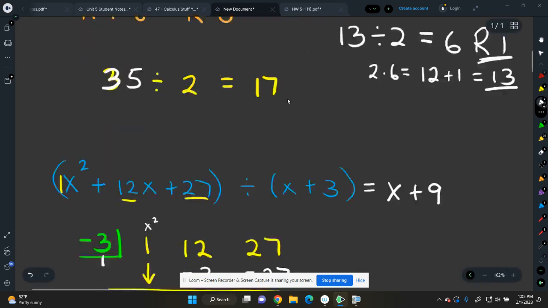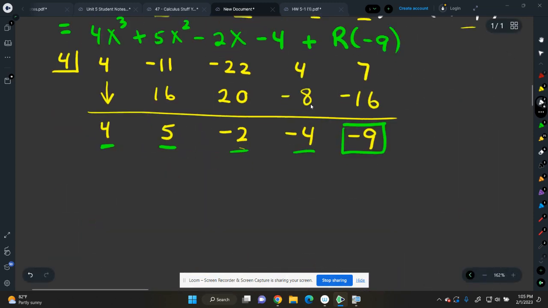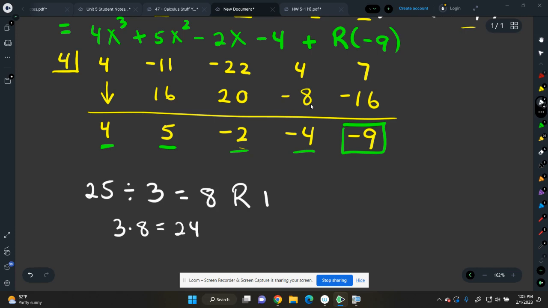Okay, let me show you another one. Let's do 25 divided by 3. What is 25 divided by 3? 8 with a remainder of 1. 3 times 8 equals 24.